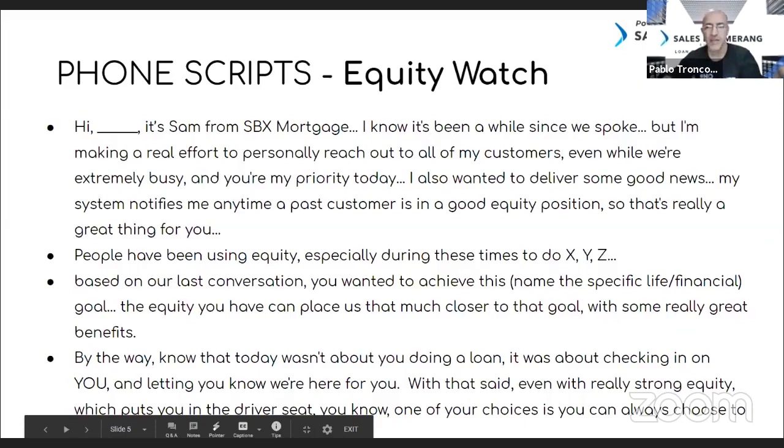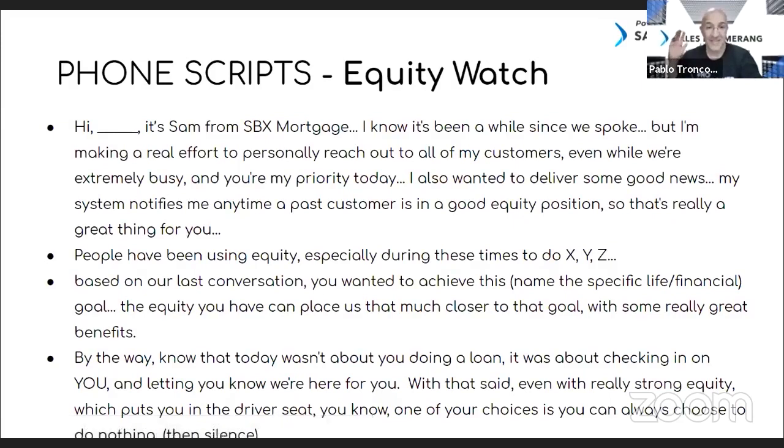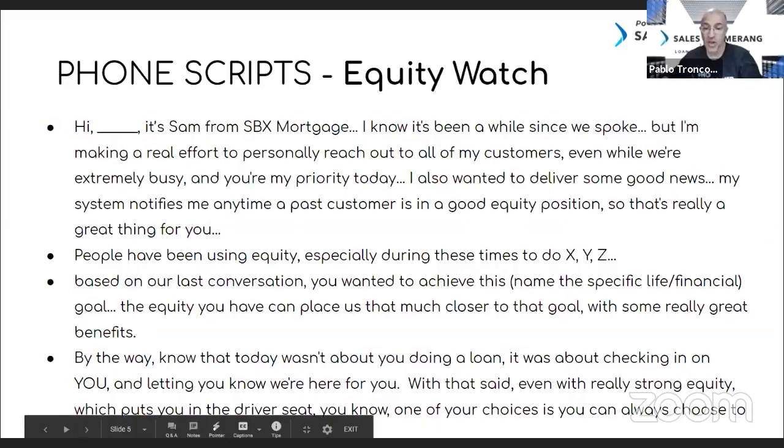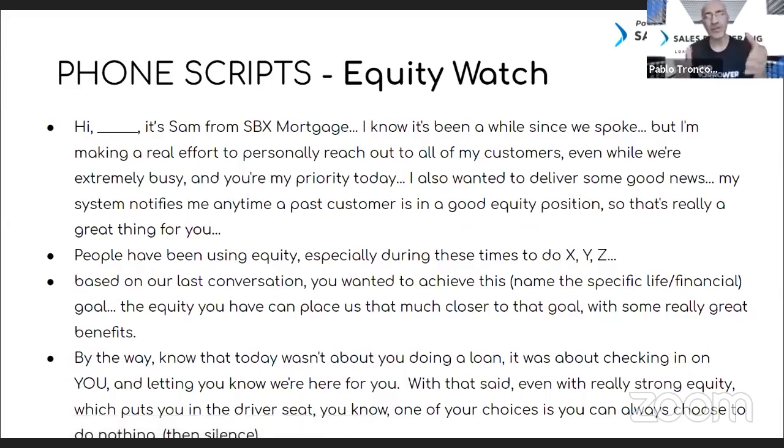So with that said, even with the really strong equity that you have, and trust me, not everyone in the marketplace has this, so you're in a good position, which puts you in the driver's seat. I want you to know that one of your choices with me is you can always choose to do nothing. Okay, I want to build that trust, right? So I'm always going to let my client know that they don't have to do anything. I'm just reaching out to give them good news.